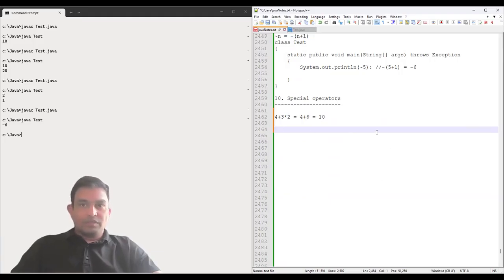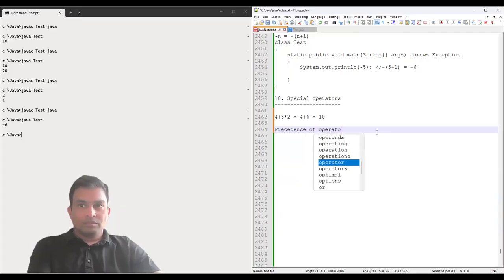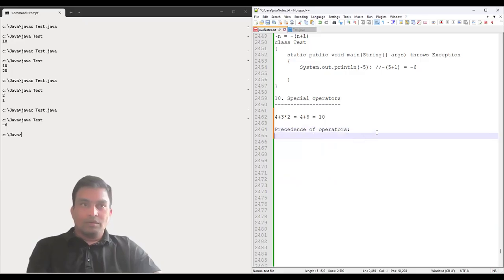So the special operators precedence order will be like this. The first priority is given to parenthesis. Whatever is inside the parenthesis will be evaluated first. Then the next priority is for increment and decrement.